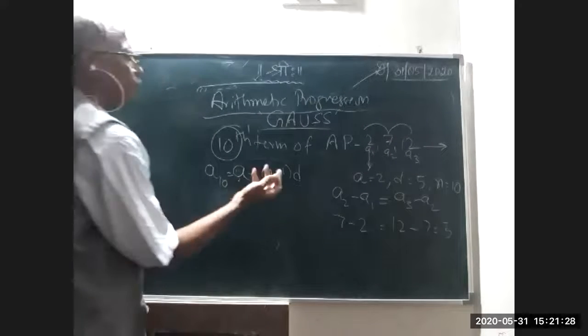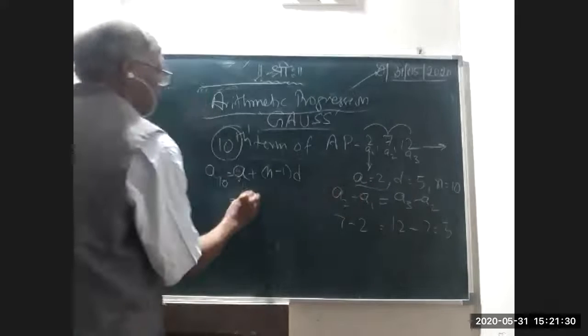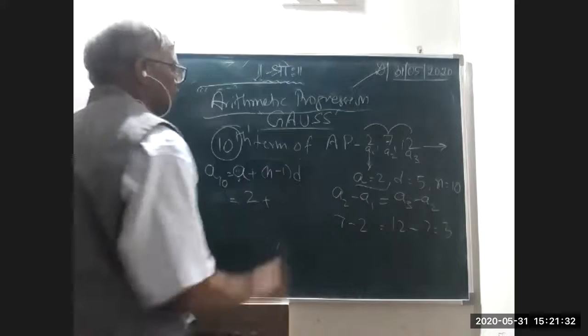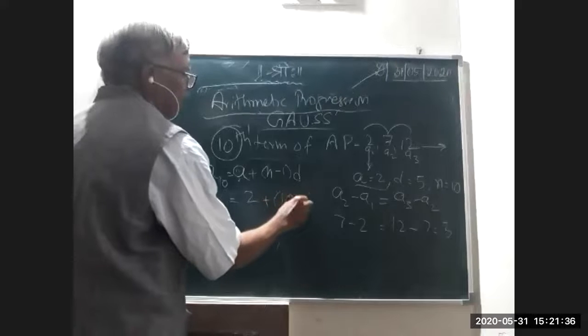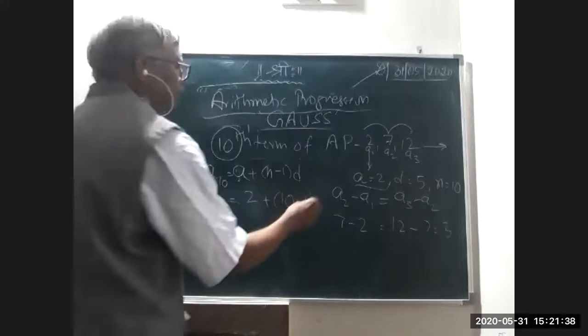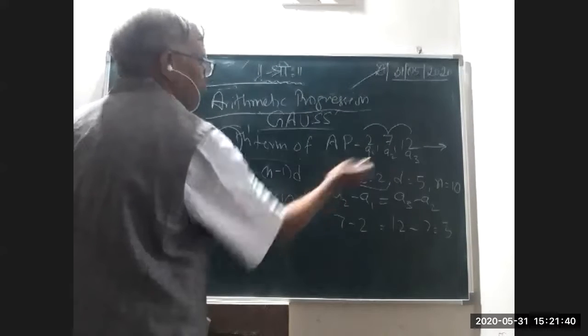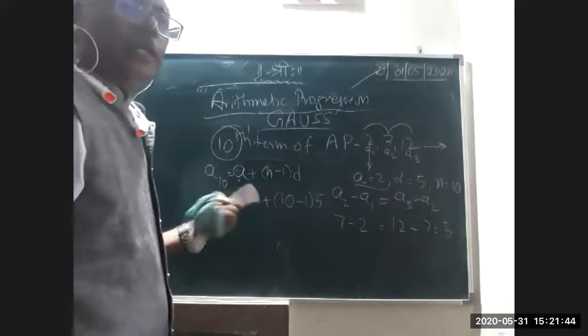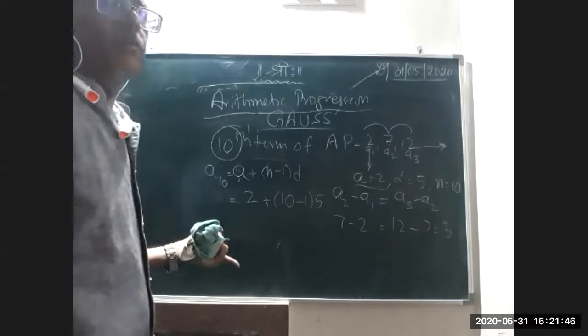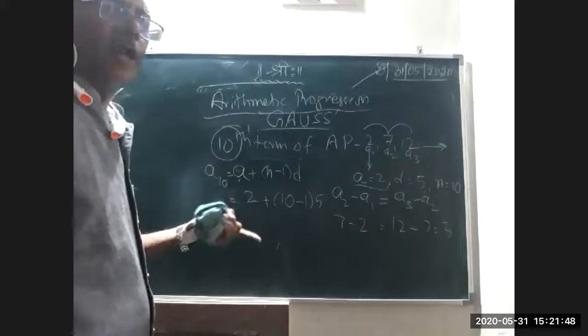That's all, very simple. So a is the beginning numeral value, and n is the 10th one. So 10 minus 1, into the difference 5, which we already obtained by deducting the previous value from the present value.